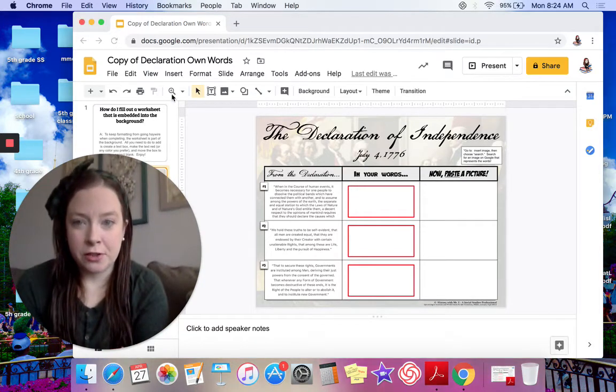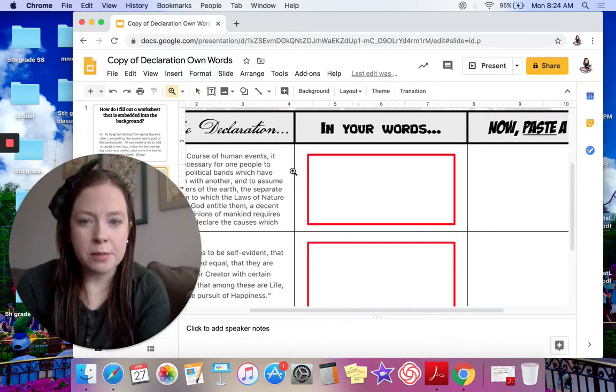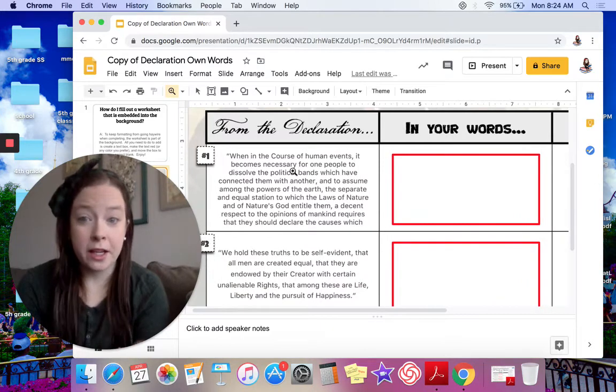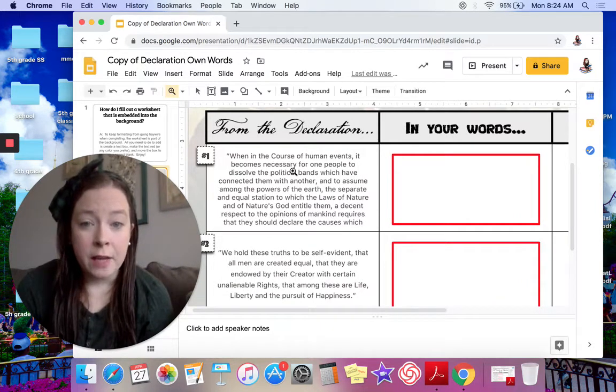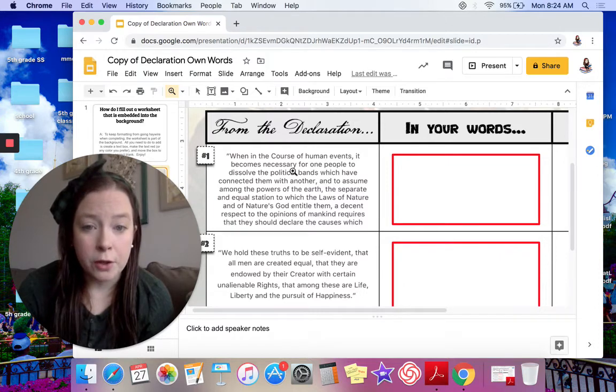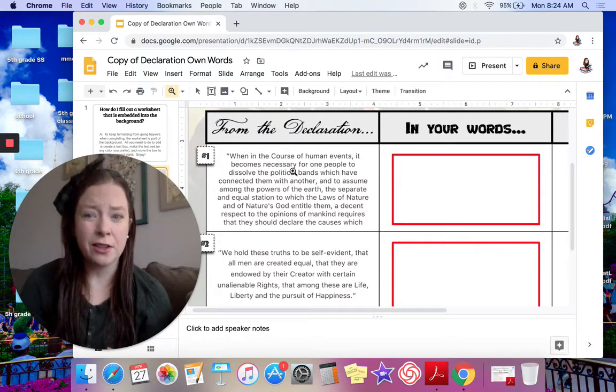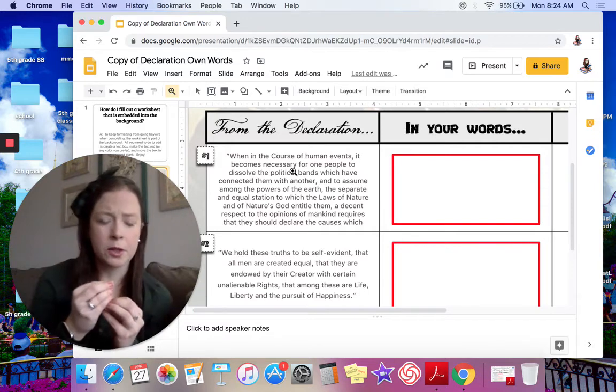So I'm going to zoom in just so I can show you guys my screen, because it's a little bit small for Mrs. B's eyes. Okay, and the first part of it says, from the very beginning: When in the course of human events it becomes necessary for one people to dissolve the political bands which have connected them with another and to assume among the powers of earth the separate and equal station to which the laws of nature and of nature's God entitle them, a decent respect to the opinions of mankind requires that they should declare the causes which... So in your own words, even pull out the important words that you think are in there.